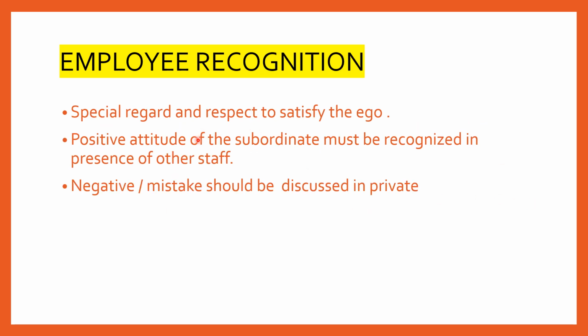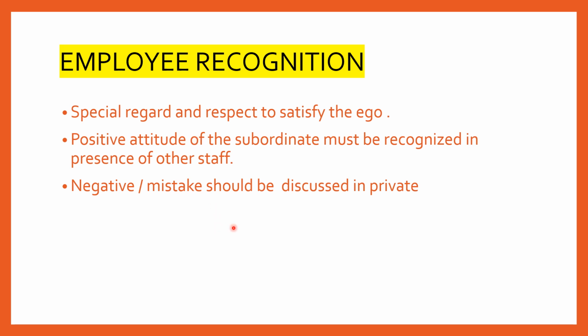Next is employee recognition. Special regard should be given to the employees to satisfy their ego. There should be a positive attitude between the subordinates and the seniors, and this wellness should be appreciated in the presence of other staff. The positive things should be discussed and they should be awarded, but the negatives or the mistakes should be discussed only in private.